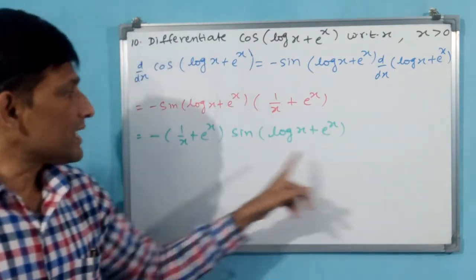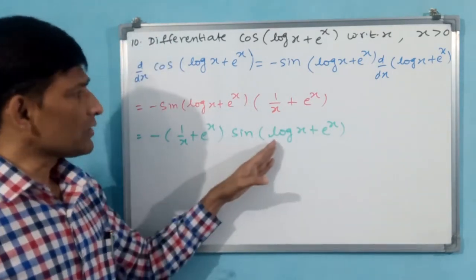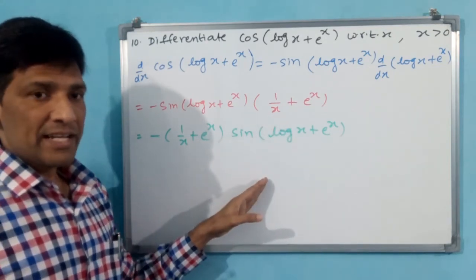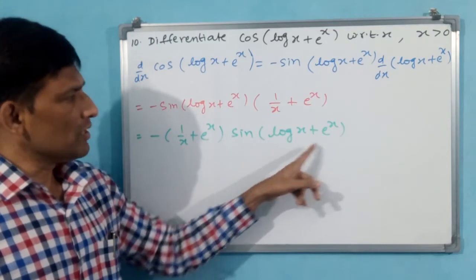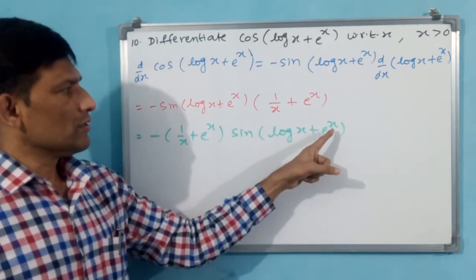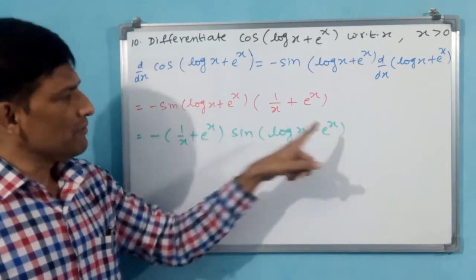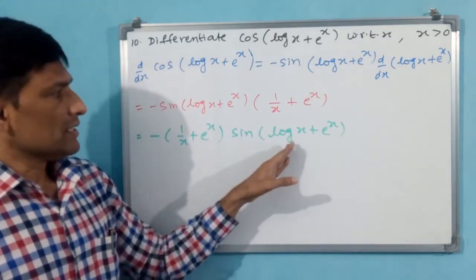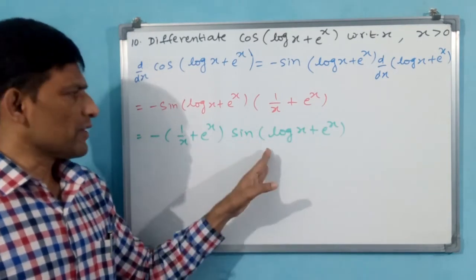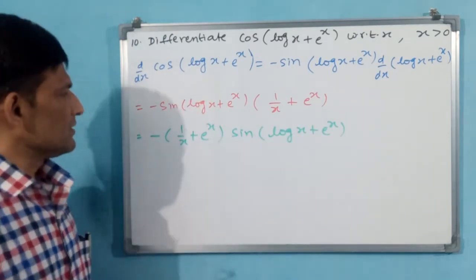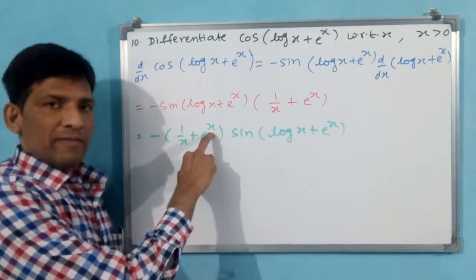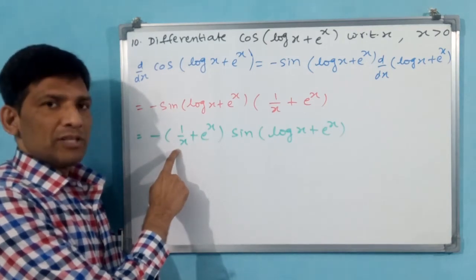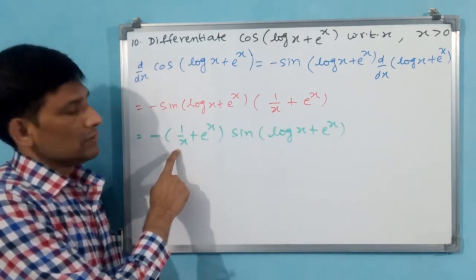Shall I write x is greater than 0? Here also log x is not in the denominator, it is only in the numerator. If x is 1, log 1 is 0 and e power x is e, so 0 plus e will come. But sine of anything you can take as input, that is not a concern. If 1 comes also, there is no problem, as I am talking about greater than 0.